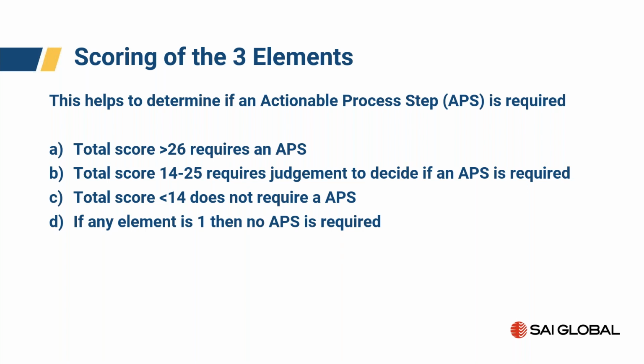And if any one of these three elements is a one, which means that either you can't add something to the product easily, you can't be successful in doing it, or what you're going to add is not going to have a public health significance, then obviously you don't have a vulnerability that is significant enough to even think about an actionable process step or invoking a mitigation strategy.